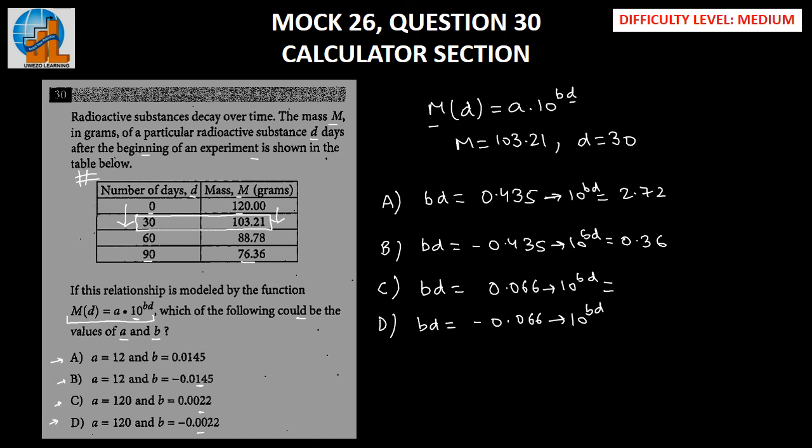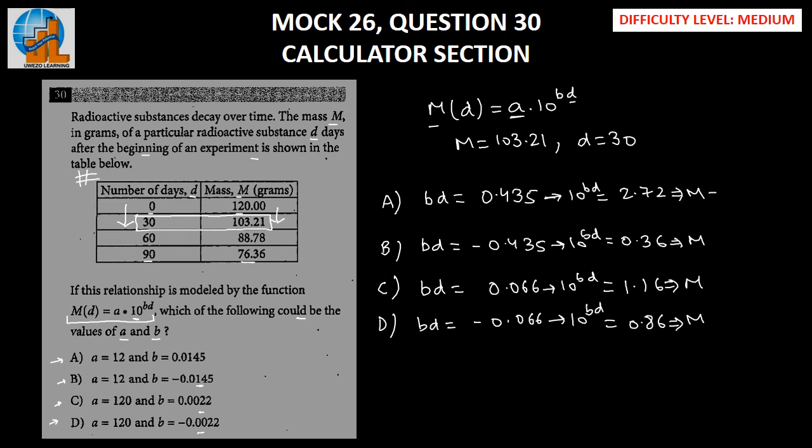So it would be 10 raised to the power 0.066, so it would be 1.16, and in option D, since we have a negative, we'll have to divide 1 by 1.16, so that would be 0.86. Now all we have got to do is multiply with a here, because that is the last element left in m, which implies we'll find out the mass now for all the 4 options.